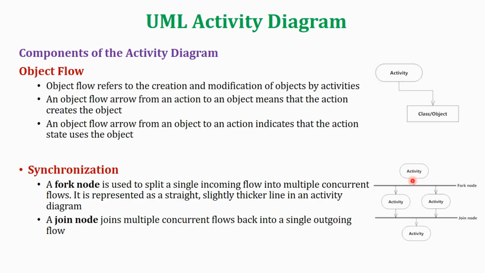It will take the single input and split it into a number of concurrent flows. And next one is the join node. It will join multiple concurrent flows into a single outgoing flow. See here, it will get input from multiple activities, then combine them, and then produce the single outgoing flow.